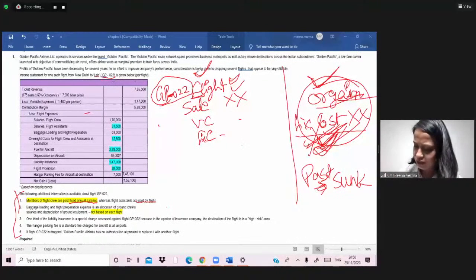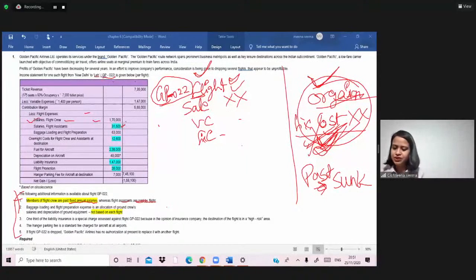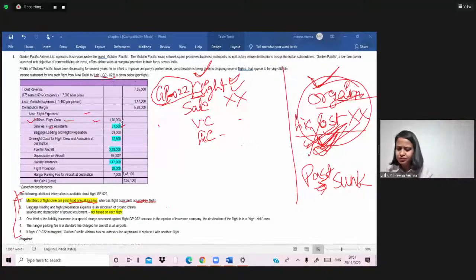The salary of the flight crew members is an organization cost, whereas the flight assistant cost is related to the particular flight. Cost related to GP022 is the flight assistant salary. And we will not consider the flight crew salary.